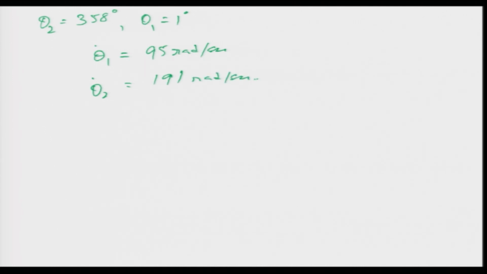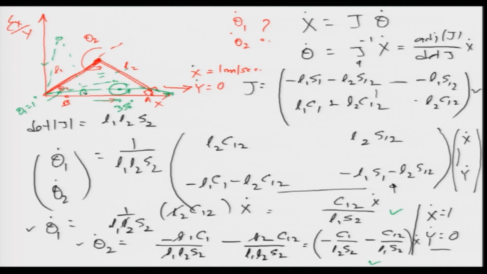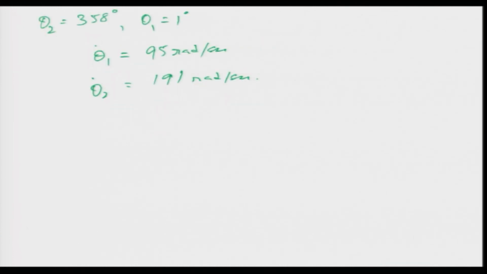Okay. What this means is that as the end effector is going towards the point A, the velocity of joint 2 is increasing rapidly, and if you convert it into degrees, it becomes very large, like 11,000 degrees per second.